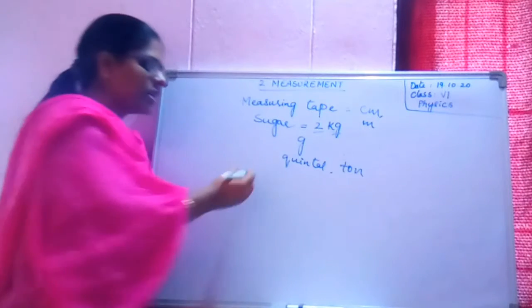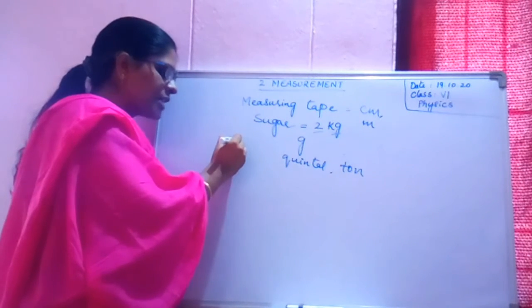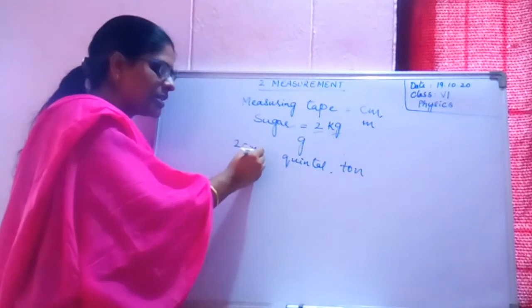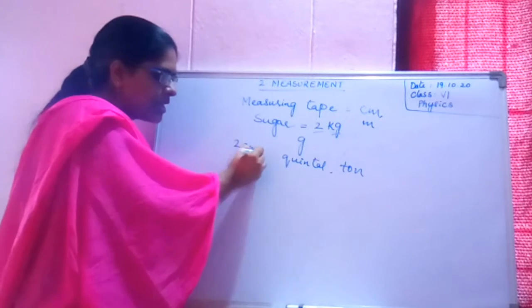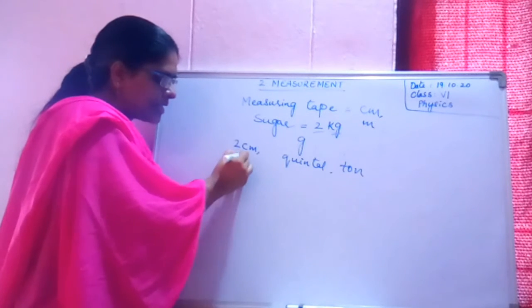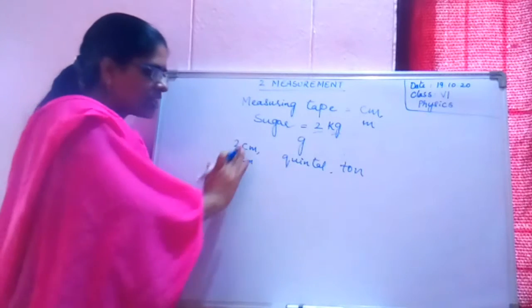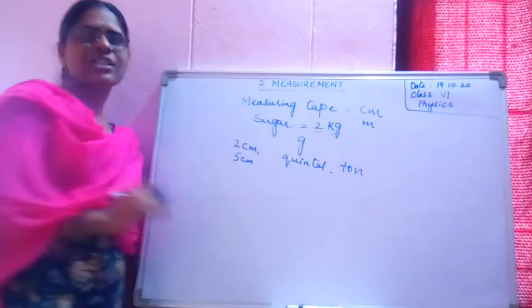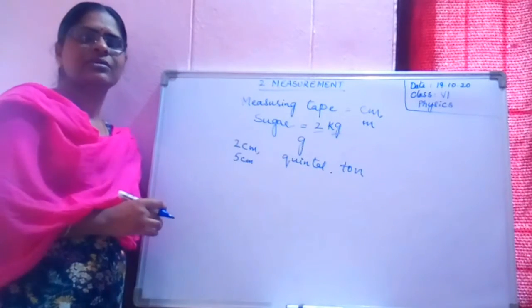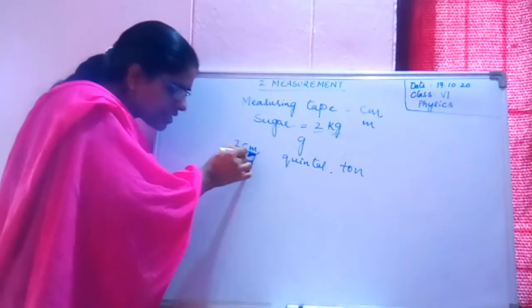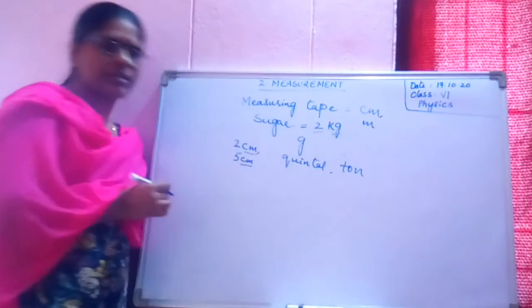Yes. Then, by placing it on the scale, you may say, my pencil is 2 centimeters, ma'am. Someone will say, my pencil is 5 centimeters. Yes or no? Do you all say only my pencil is 2, 5 like that? No. You will mention something like centimeters.